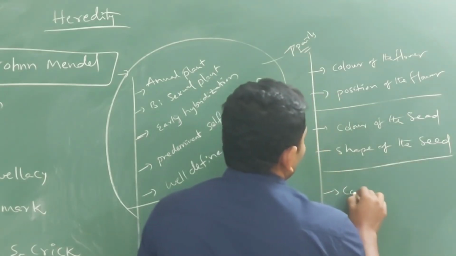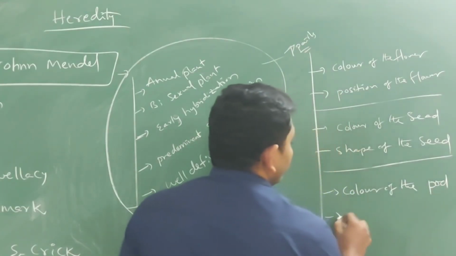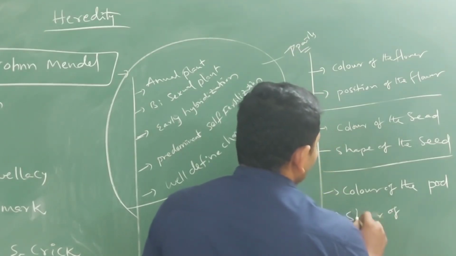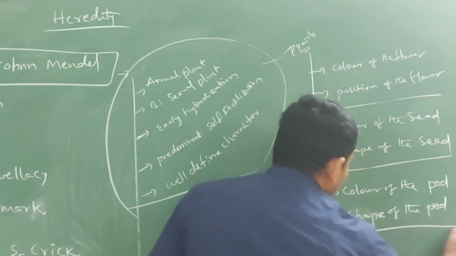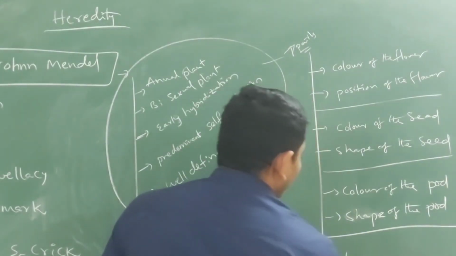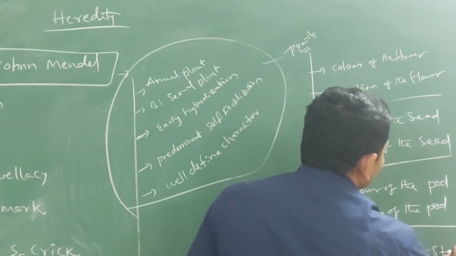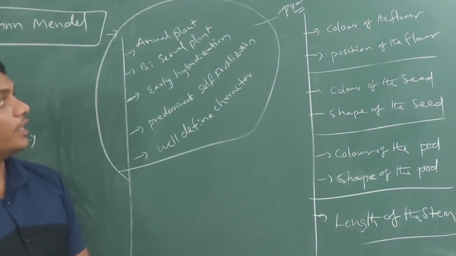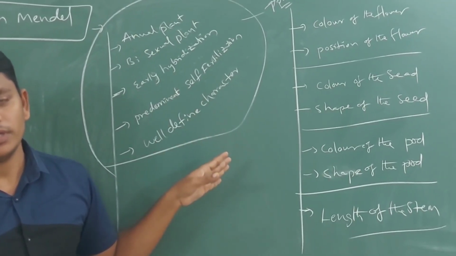Then color of the pod, shape of the pod. Then the position or length of the stem. These are the characters. 7 pairs of characters he chose for his experiments.